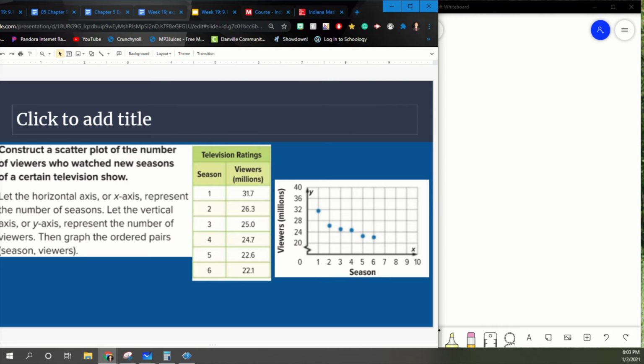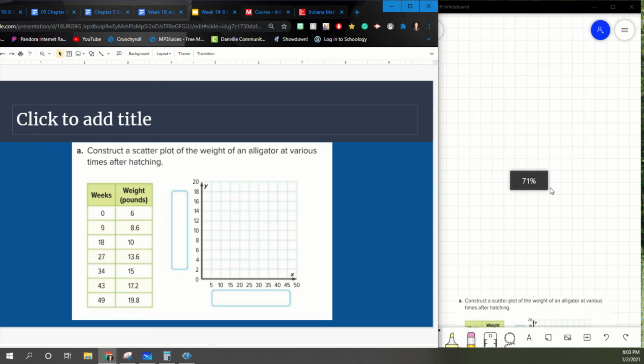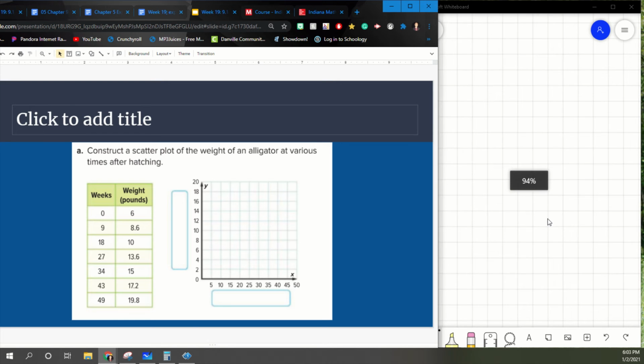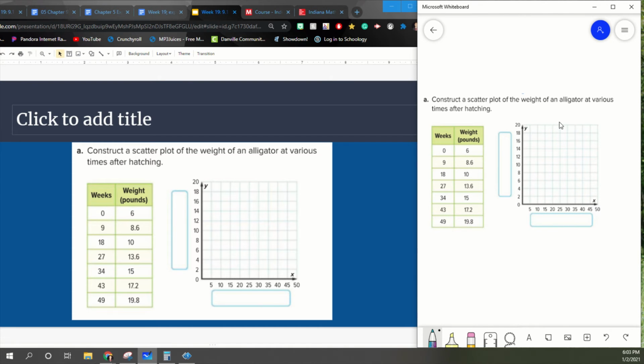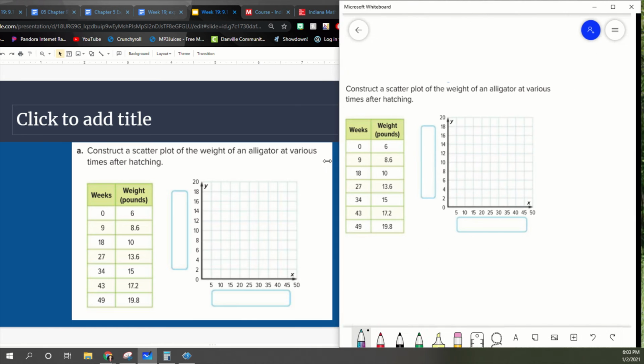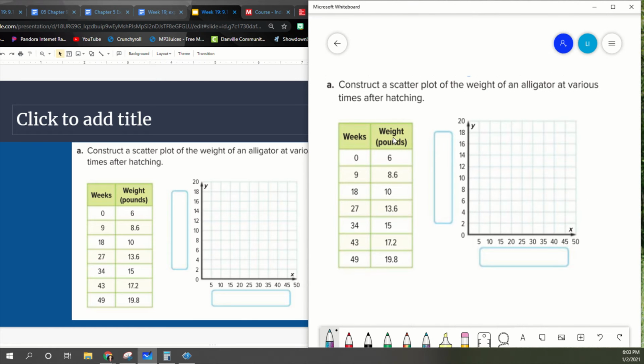But first, for a quick practice, I have this practice problem right here. Construct a scatter plot with the weight of an alligator at various times after hatching. I have it here on the side so that we can actually do it. Construct a scatter plot with the weight of the alligator versus times after hatching.